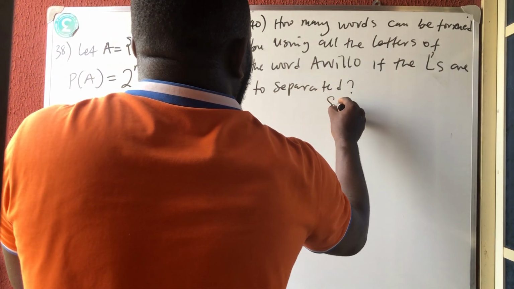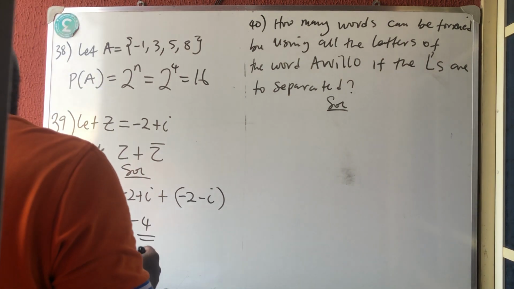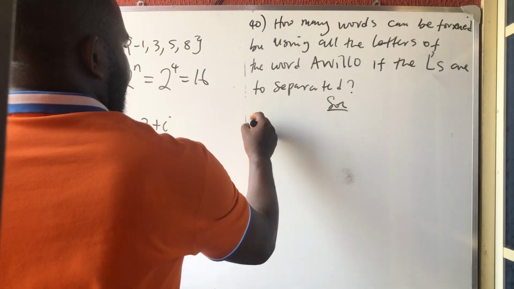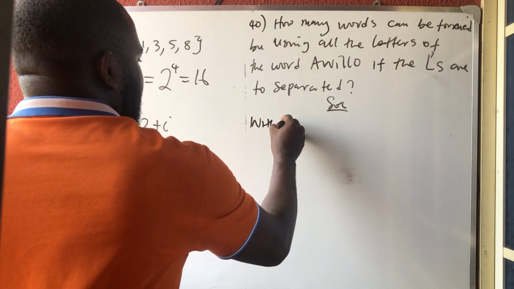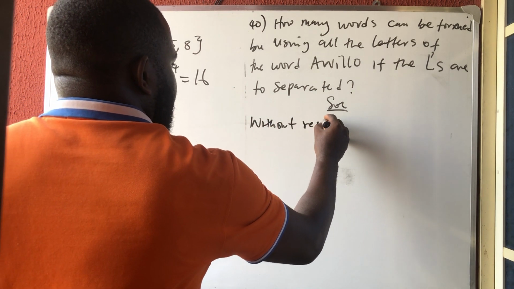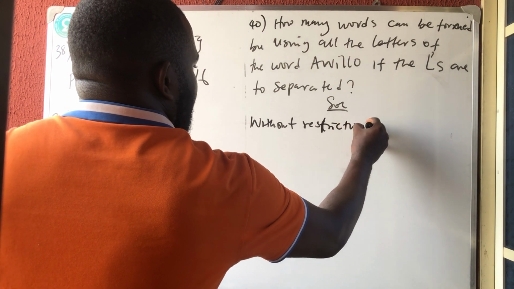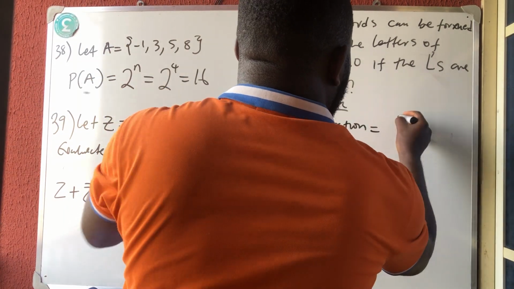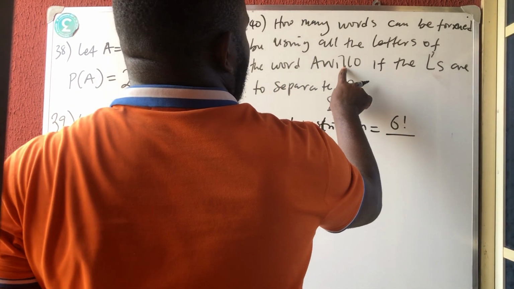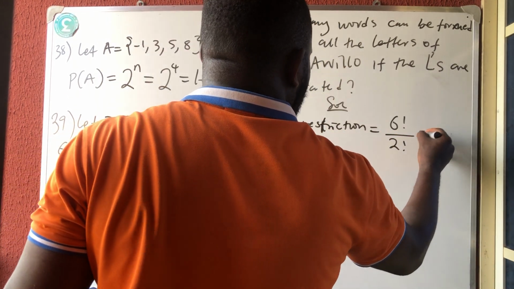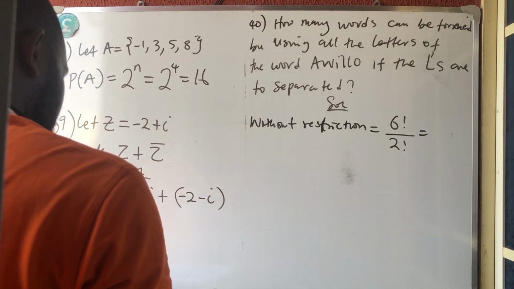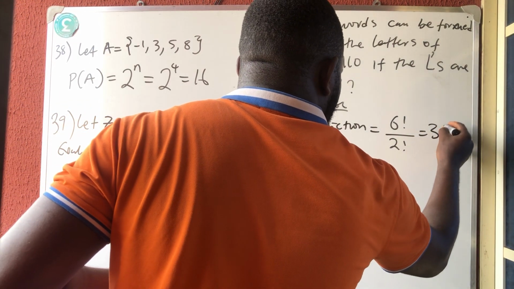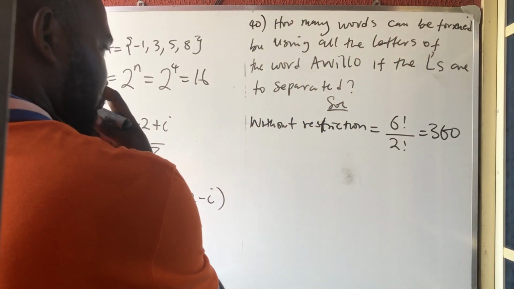Like I told you in the other one, we cannot get it when they are separated at once, but we can get it when they are together. So first, without restriction, without any condition: AWILO is simply 1, 2, 3, 4, 5, 6, so 6 factorial over 2 factorial, the only repeated one I have here. So 6 factorial over 2 factorial gives me 360 ways without restriction.